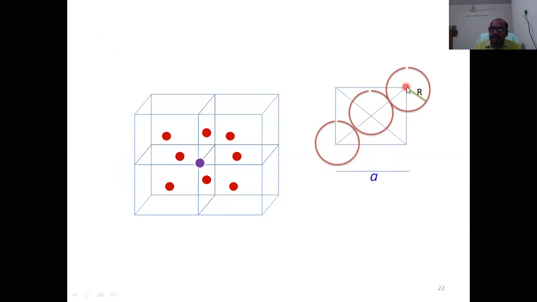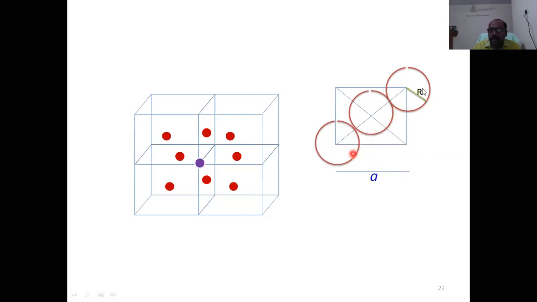If these are the atoms, it is the atom located at one corner point, and it is the atom located at another corner, and it is the face-centered atom. So they are touching along the face diagonal. If we keep these lattice points at this corner and at this corner, we get the similar view. We are considering this one.